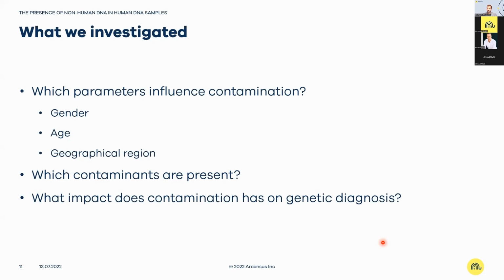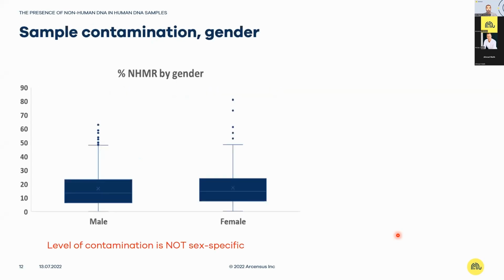And just to put this in perspective, because I realized I didn't show you the numbers, we analyzed over 650 samples, and these samples combined the buccal swabs and the saliva.